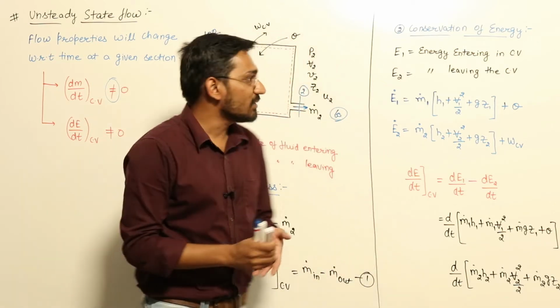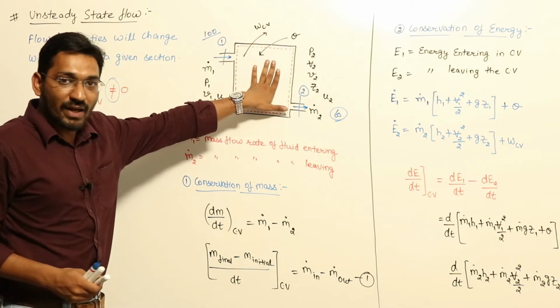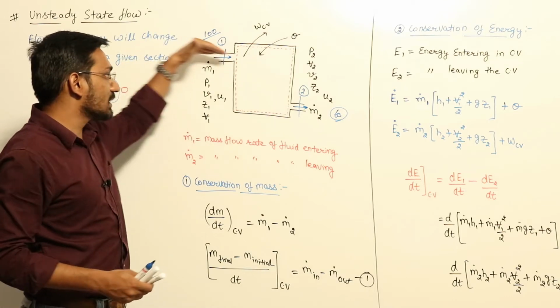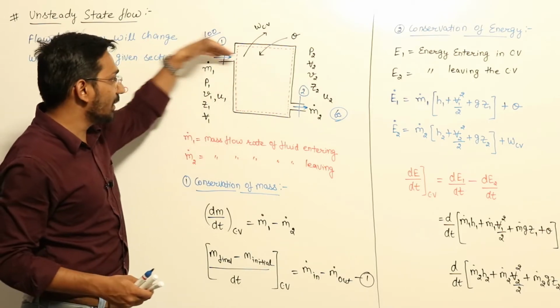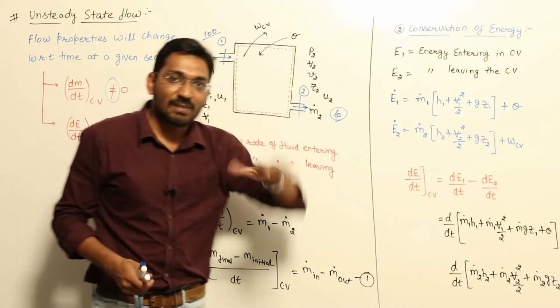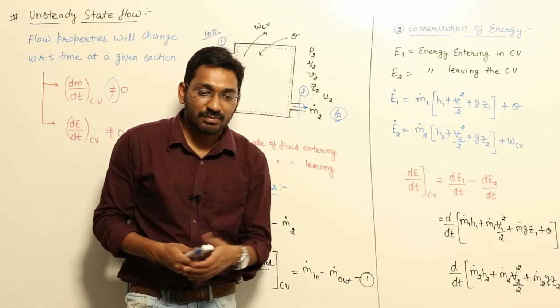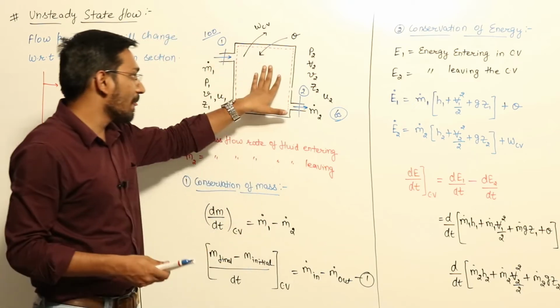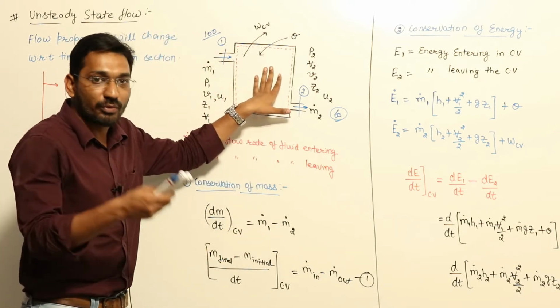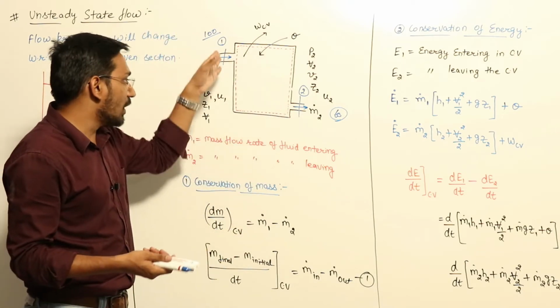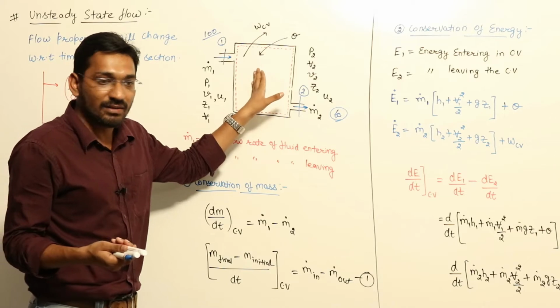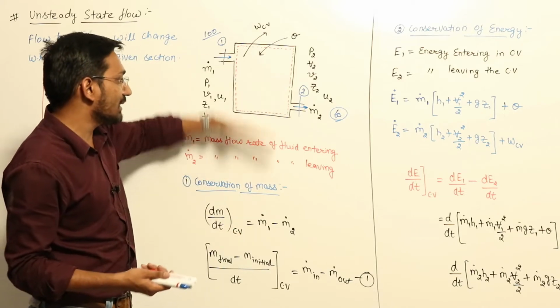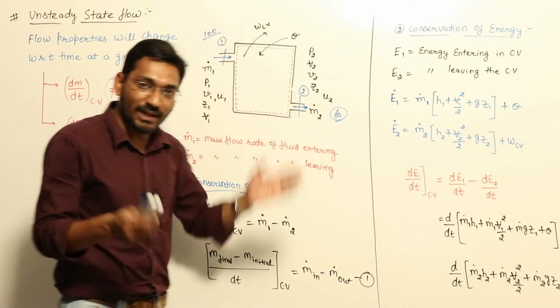Second, there can be an energy transfer. When the fluid is coming inside, it will bring some energy. That energy comes because of temperature, as internal energy; because of flow work; because of some velocity, kinetic energy; and because the system is at some height, potential energy.